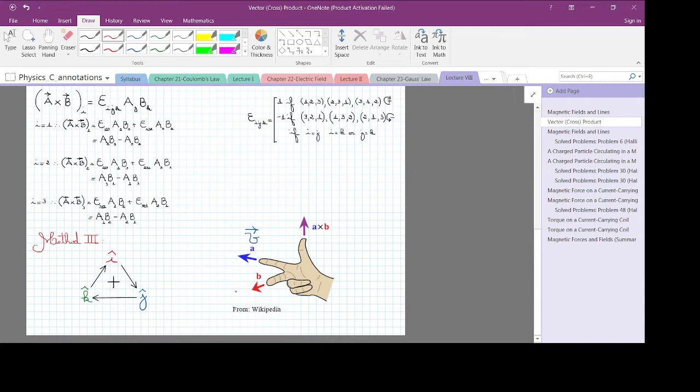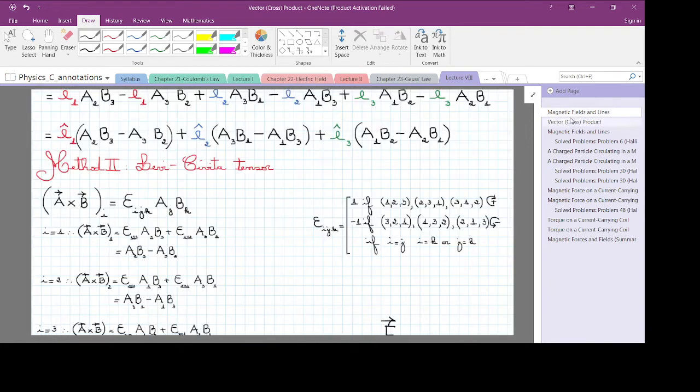The middle finger is going to be b, the magnetic field. And the resultant of this vector product is indicated by the position of your thumb. So this is the force, and this is called the right hand rule.